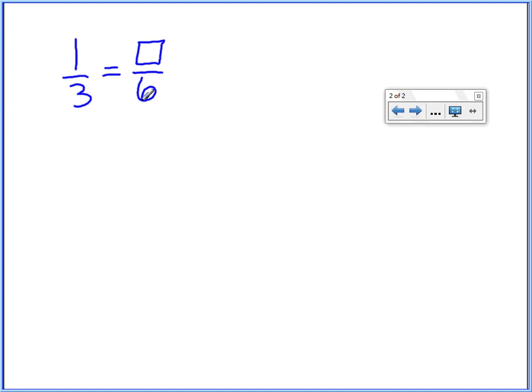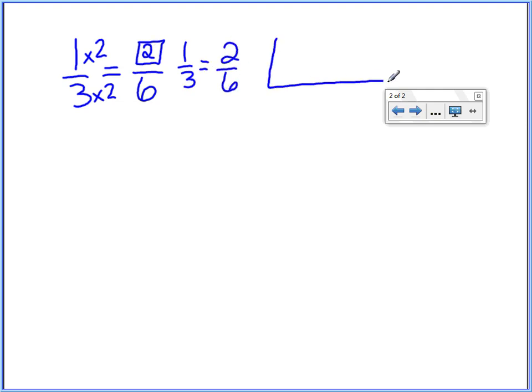Well, in this case, I know both of my denominators, but I don't know both of my numerators. So I'm going to ask myself, how did they get from 3 to 6? Well, it's getting bigger, so I'm going to multiply. But what in the world am I going to multiply? Well, I know that 3 times 2 gives me 6. So I'm going to multiply my numerator by 2 as well. 1 times 2 is 2. So 1/3 is equivalent to 2/6.